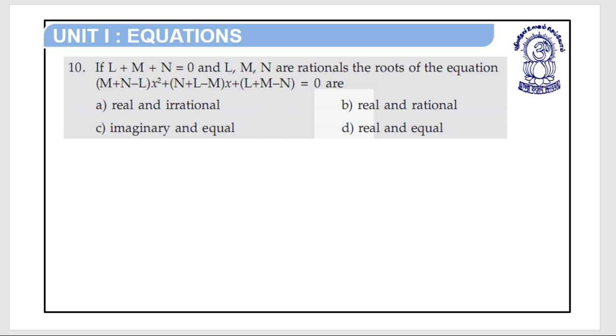l plus m plus n is equal to 0. l, m, n are rationals. The roots of the equation (m plus n minus l) x square plus (n plus l minus m) into x plus (l plus m minus n) is equal to 0 are... Here l plus m plus n is equal to 0 given.